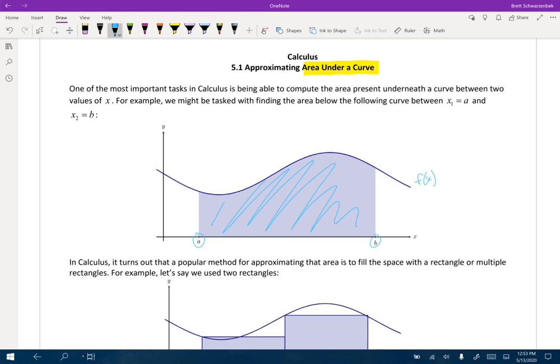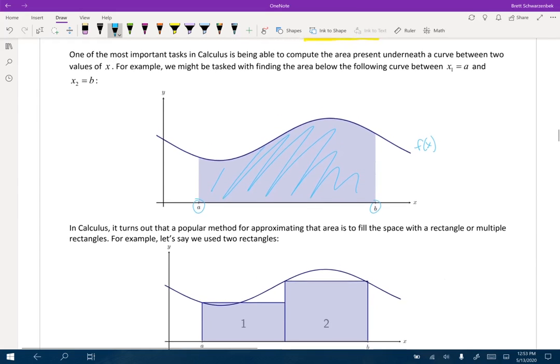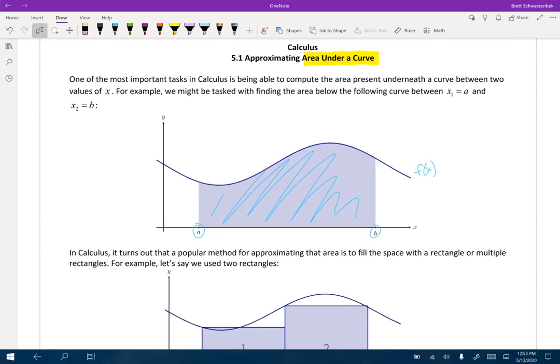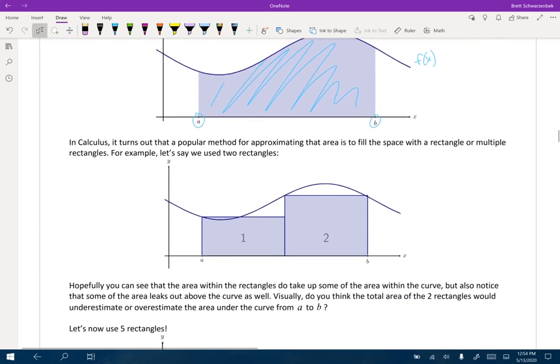This turns out to be an extremely important concept when it comes to advanced mathematics. So our focus in this section is going to be about how to approximate that area. Future sections will concentrate on finding that exact area. For now, we're just going to approximate it.